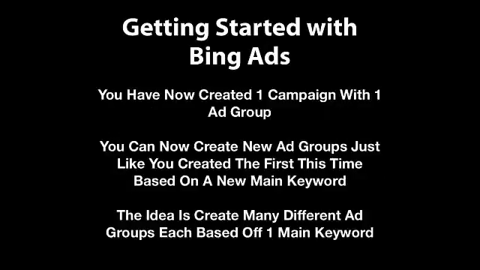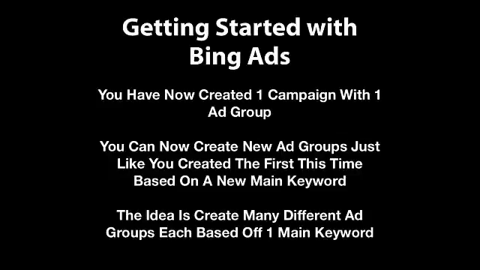So you have now created one campaign with one ad group. And what you can now do is create new ad groups just like you created the first, this time based on a new main keyword. Our first ad group was based on woodworking plans.